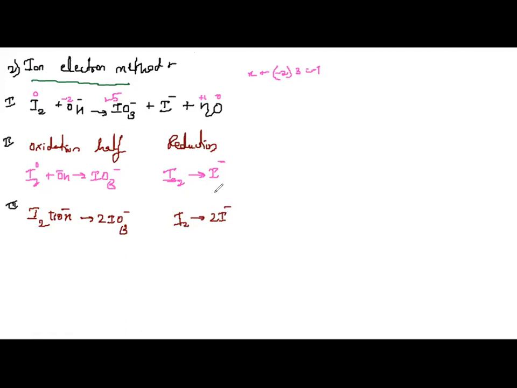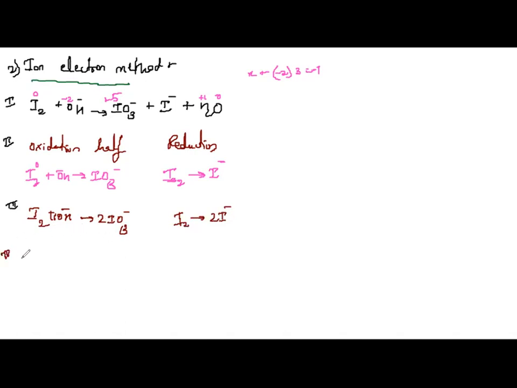Now, if it is having OH minus ions, balance the atoms of oxygen, all the other atoms you have to balance. Then to balance hydrogen and oxygen, add water molecules to the side deficient in oxygen. So where oxygen is less, add water molecules there.